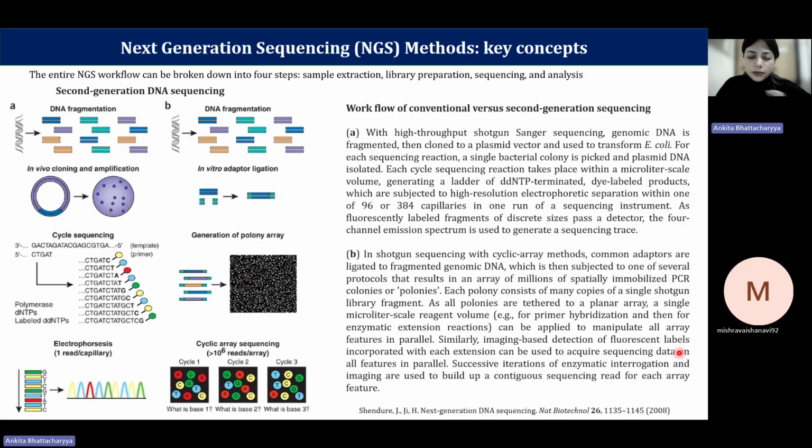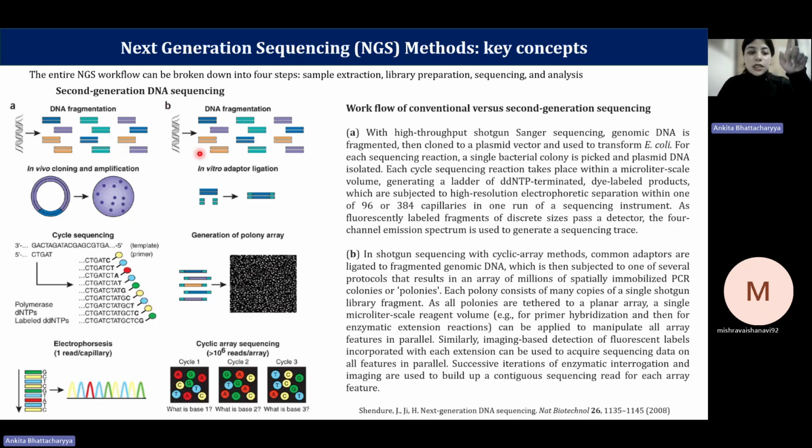So basically, what is the difference? Compared to shotgun Sanger sequencing, Sanger sequencing was still dependent on the incorporation of labeled ddNTPs, like we already know. And every time a ddNTP got incorporated, fluorescence-based detection can be carried out. And therefore, you will know that at this position, this particular base is present.